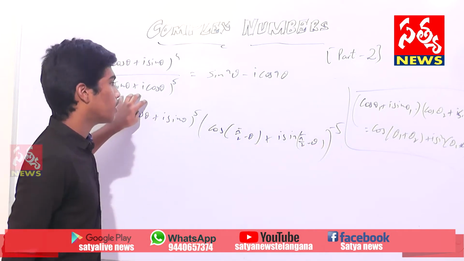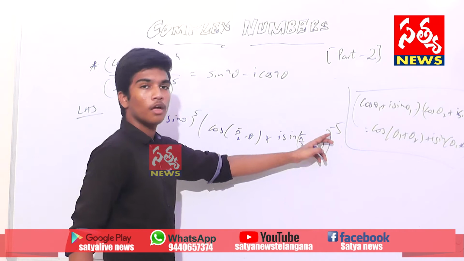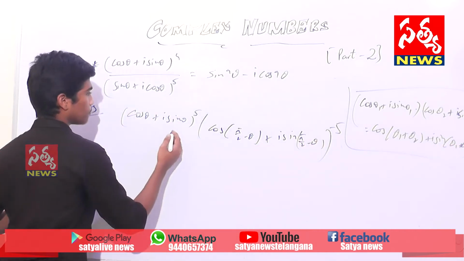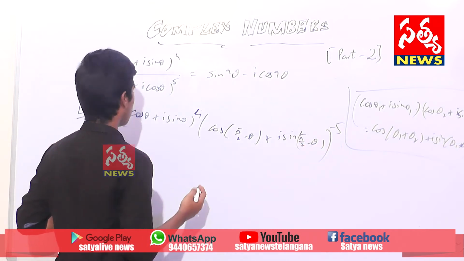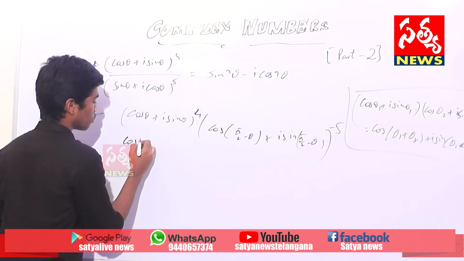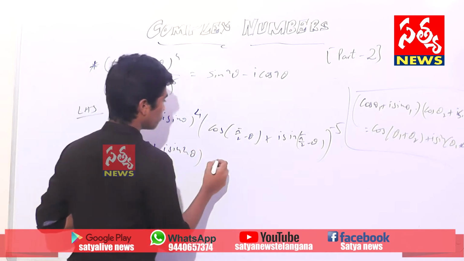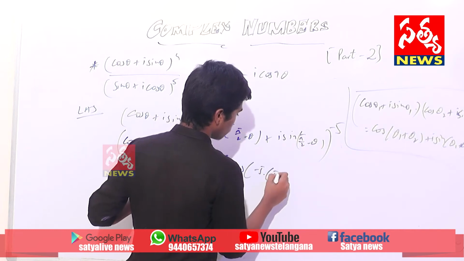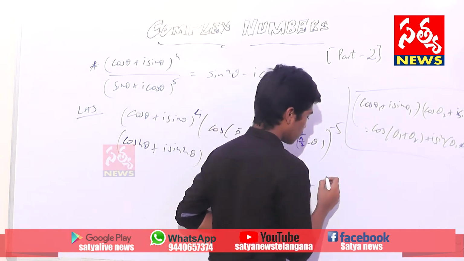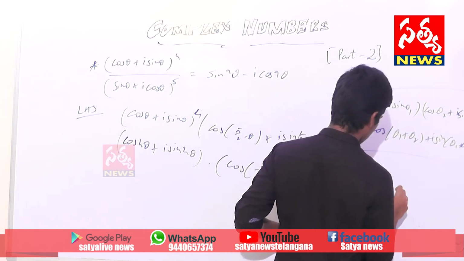As it is in the denominator, I brought it to the numerator and kept the minus sign. Now, apply De Moivre's theorem: cos of 4 theta plus i sin 4 theta into cos of minus 5 into (pi by 2 minus theta) plus i sin of minus 5 into (pi by 2 minus theta). Right?